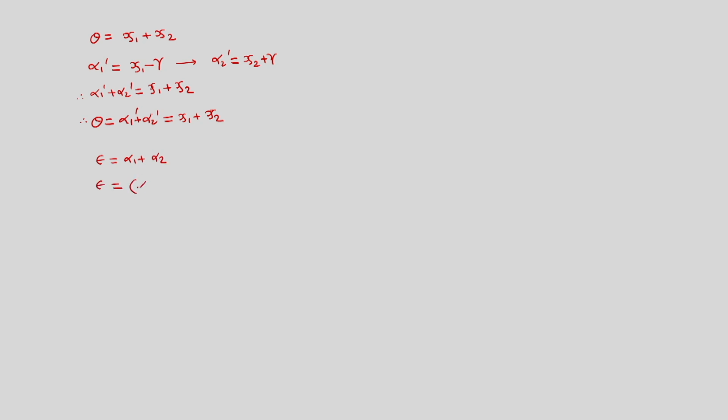So, alpha 1 is alpha 1 dash plus i, and alpha 2 is alpha 2 dash minus delta. So, epsilon is equal to alpha 1 dash plus alpha 2 dash plus i minus delta, which is equal to theta plus i minus delta. So, this is the derivation of the deflection angle.